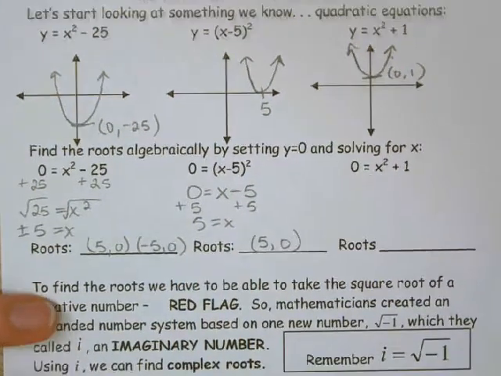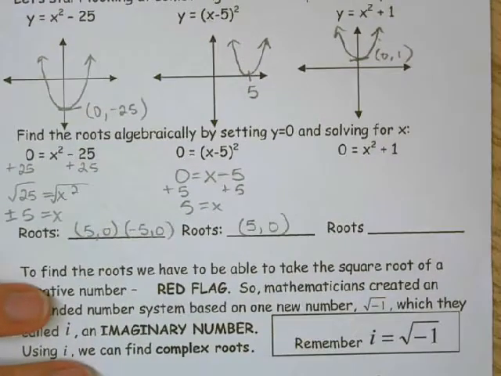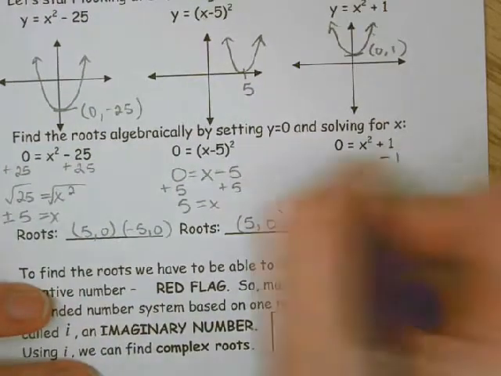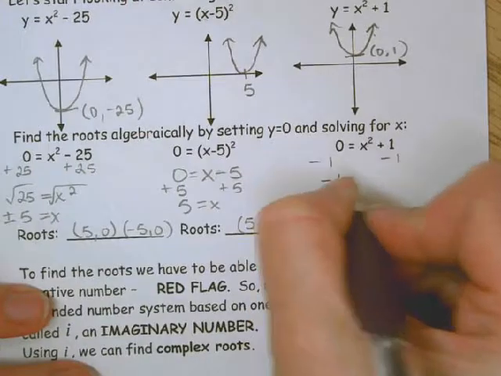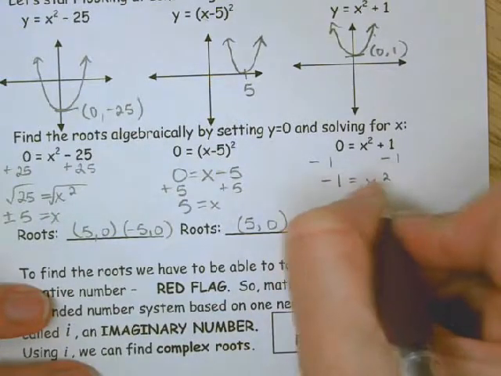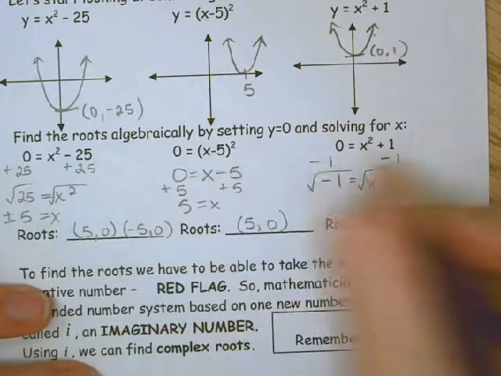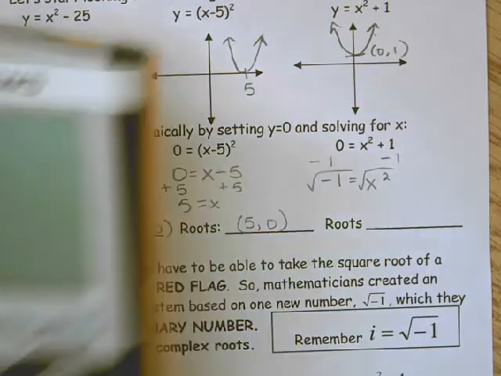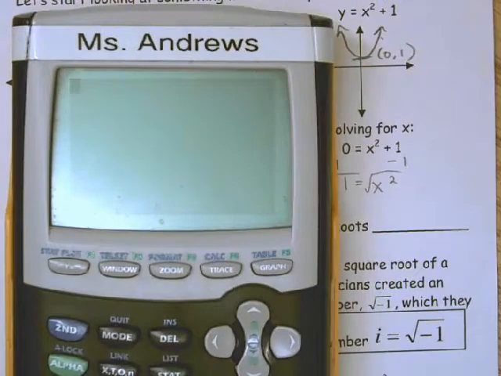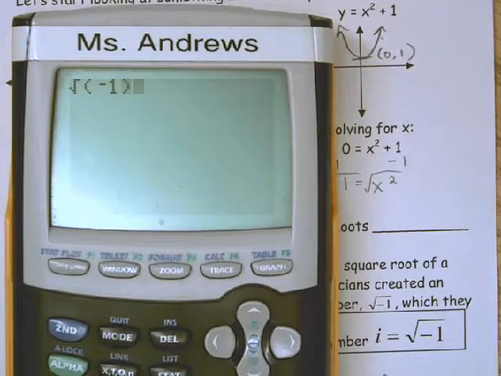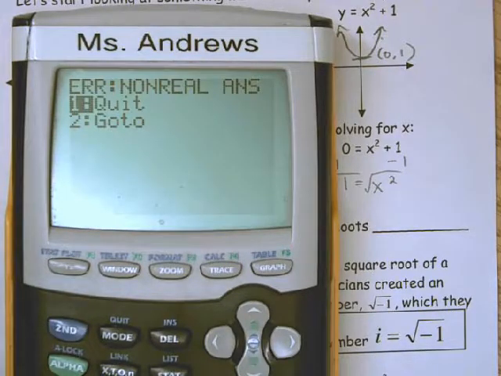Now on the last one, x squared plus 1, if we subtract 1 from both sides, we've got negative 1 equals x squared. If we try to square root both sides, I'll show you the calculator part for this, the square root of negative 1 gives us a non-real answer.